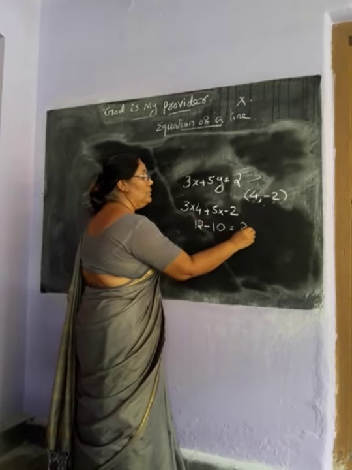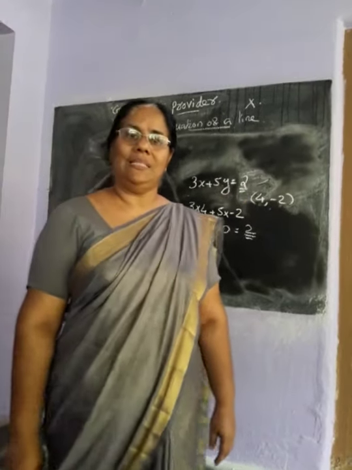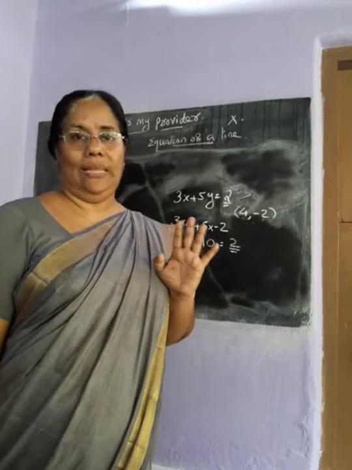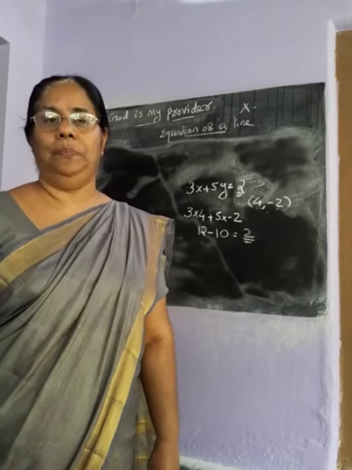What is the answer? 2. Here also the RHS is 2. That means that (4, minus 2) lies on the line 3x plus 5y equal to 2.